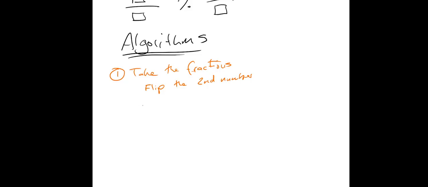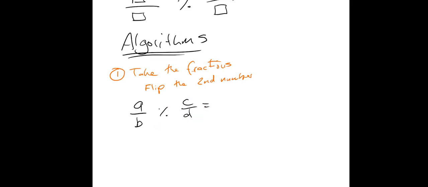So let's say we have A over B again, where A and B are just any number, and we divide it by C over D, like we've been doing up till now. The second number would be that one there.